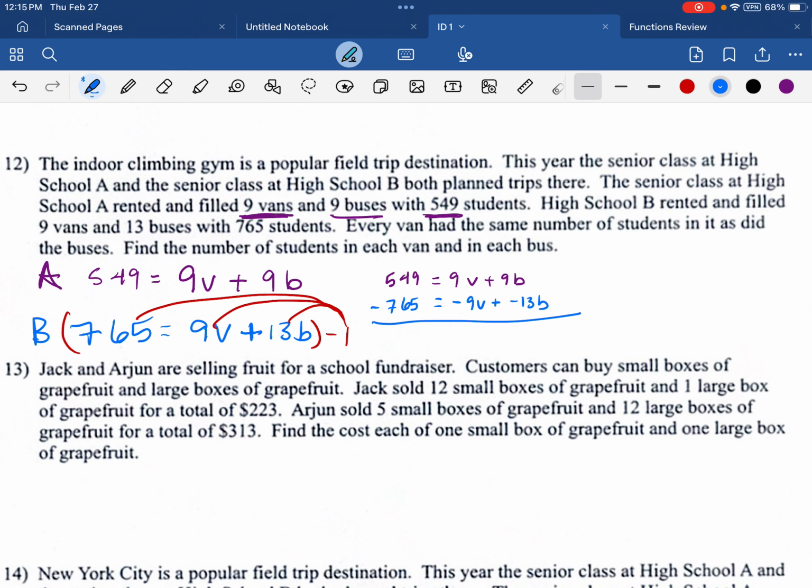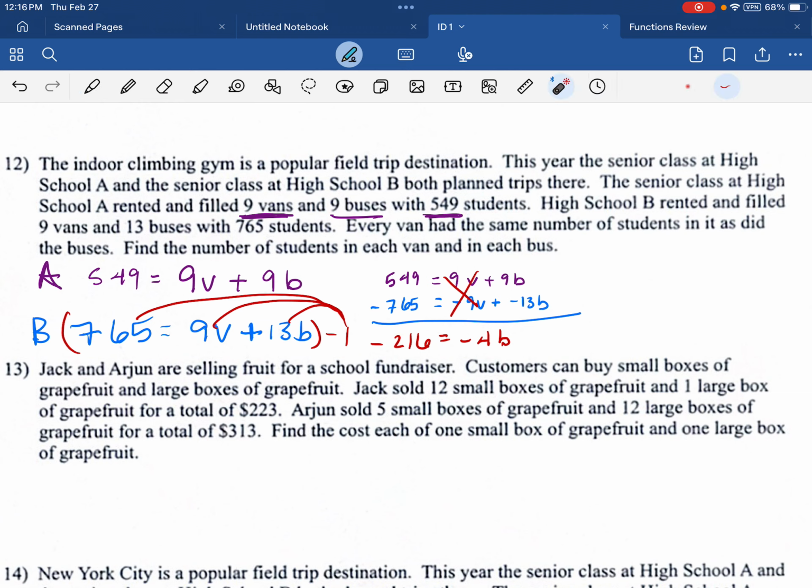I'm going to say 549 minus 765. That's going to give me negative 216 equals 9 minus 9. Well, that cancels. That's going to give me 0 V's. And then 9 minus 13. Well, that is going to give me negative 4 B's.